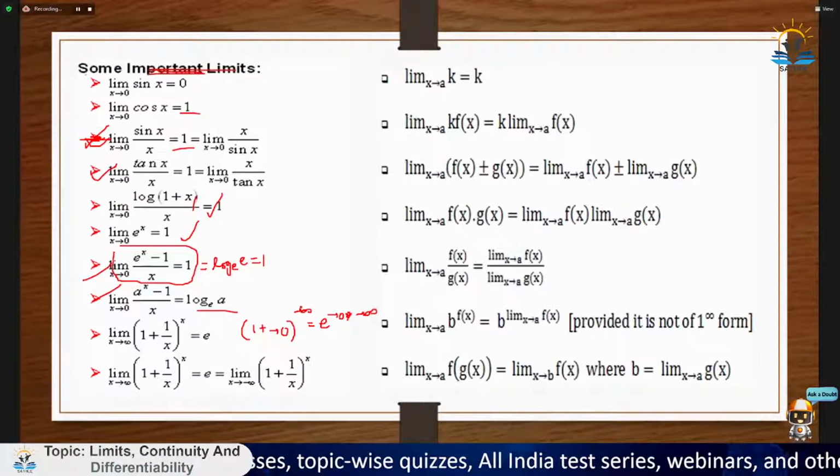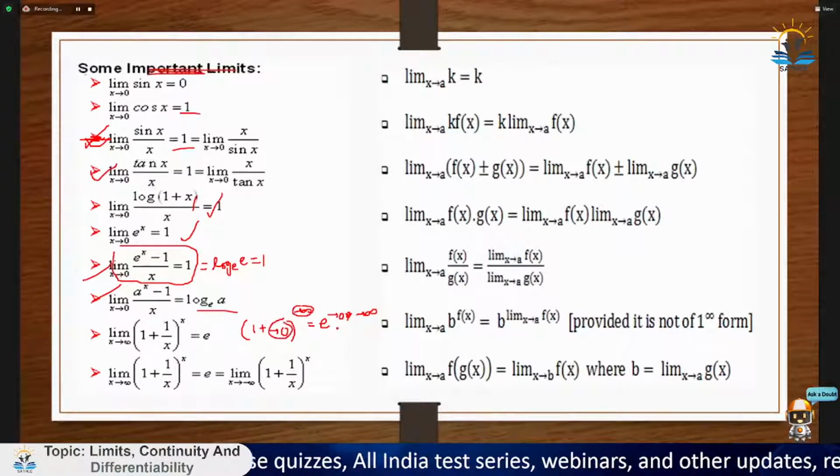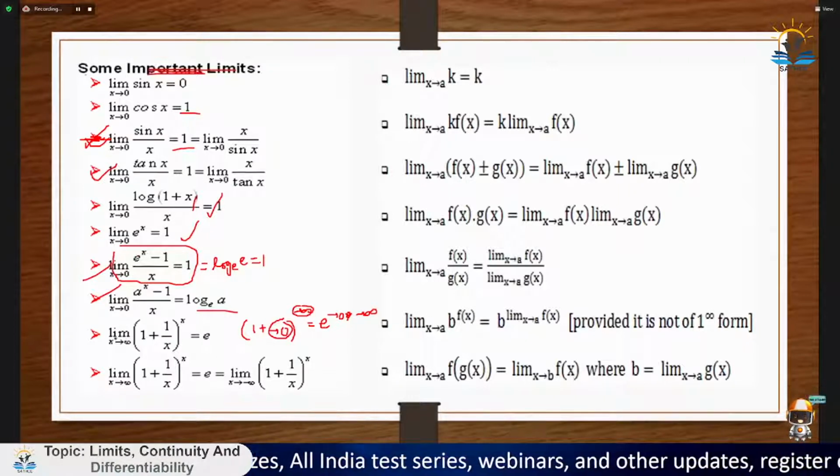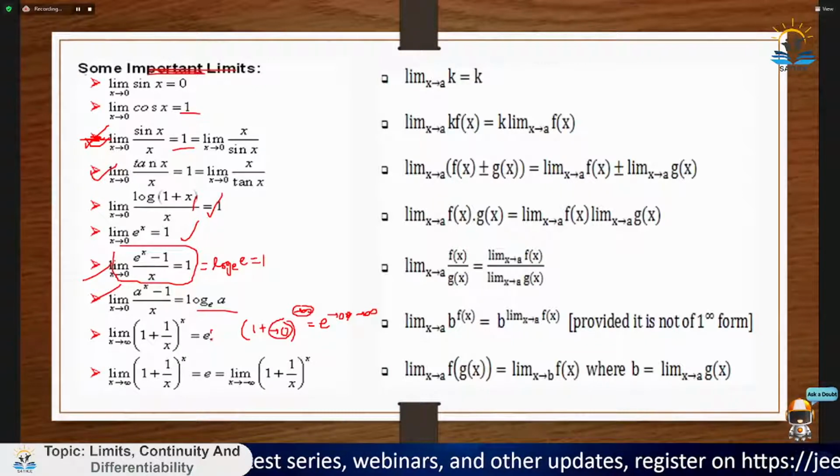We just multiply this power with this thing and raise it to the power of e. So here if you multiply x and 1 by x, you will get 1 only. So it is e power 1, which is equal to e only.